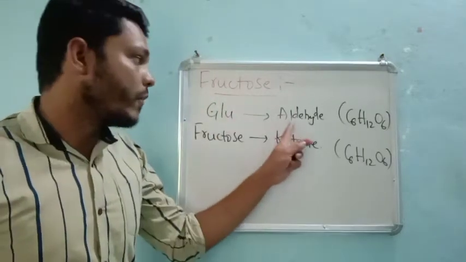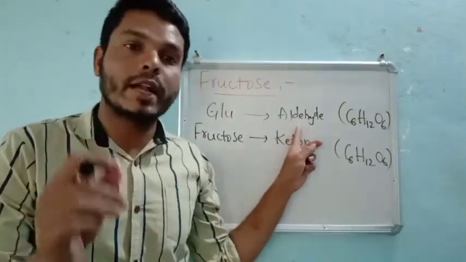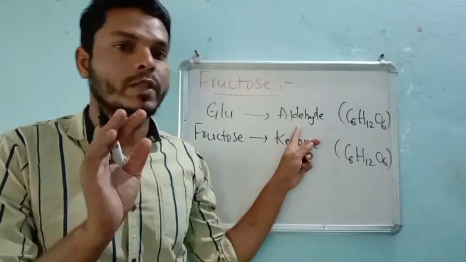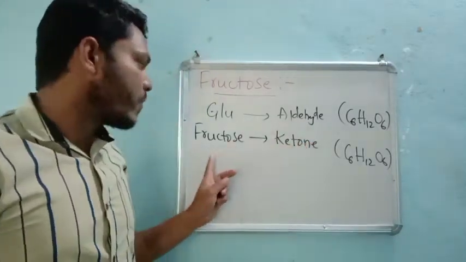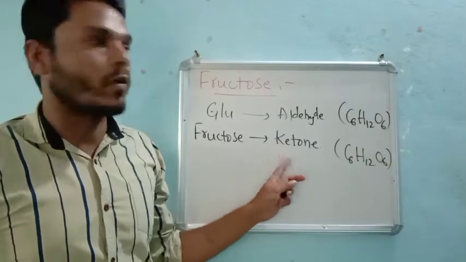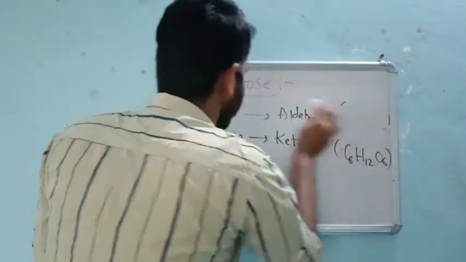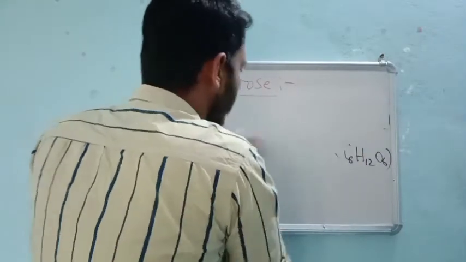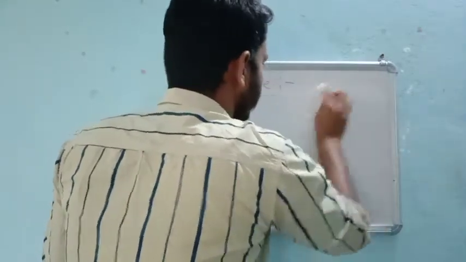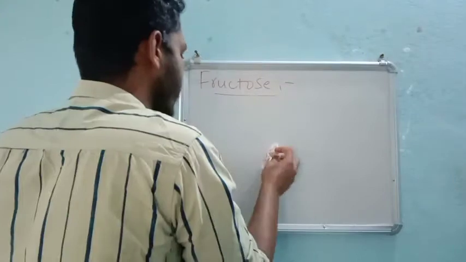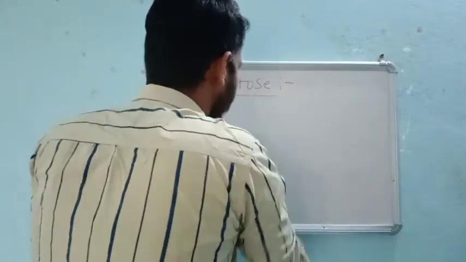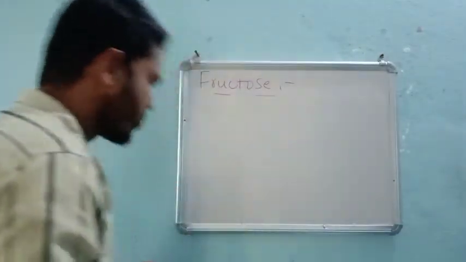If it is glucose, then definitely we will come across the aldehyde group. If it is fructose, then definitely there is a ketone. I will show you the diagram also. First I will write the diagram of the open structure of glucose, and later I will give you the structure of fructose.